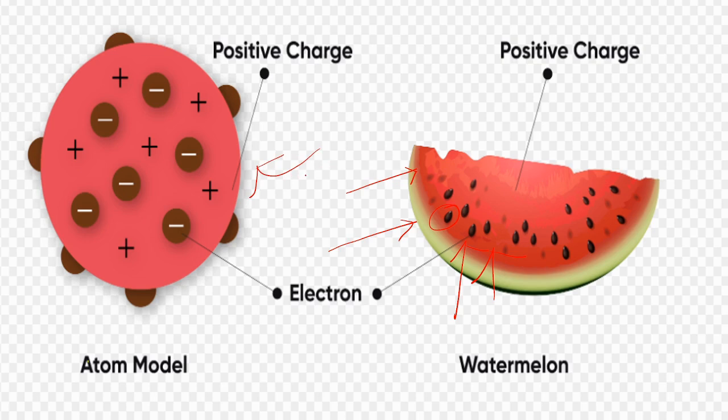So, J.J. Thomson also compared his atomic model with a watermelon. That is why J.J. Thomson's atomic model is also called the watermelon atomic model. Right? These questions may come in your competitive exam: to which structure J.J. Thomson's atomic model is compared, watermelon or plum pudding. So you should remember this comparison.